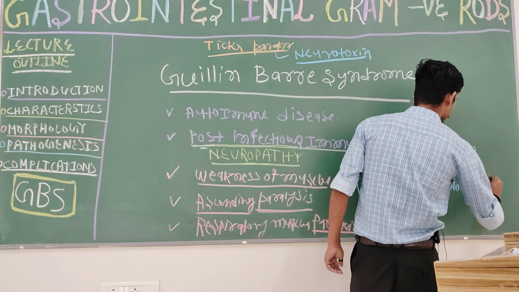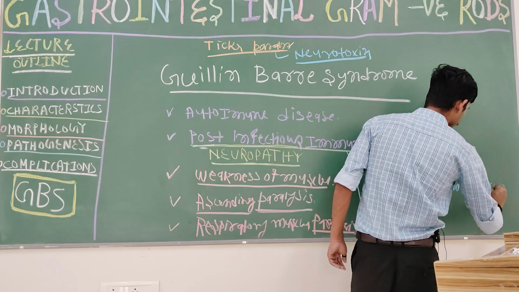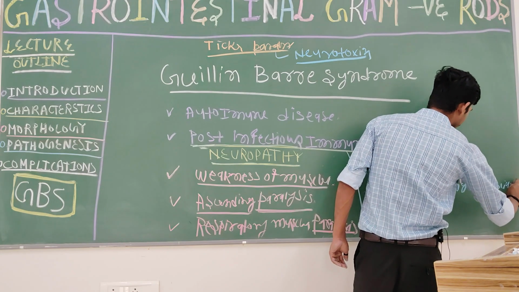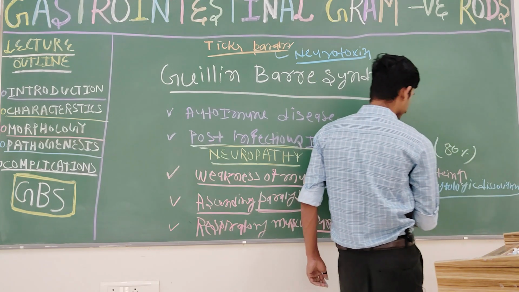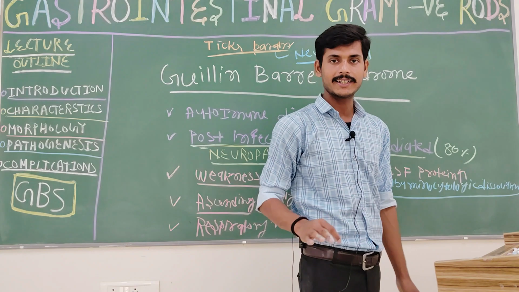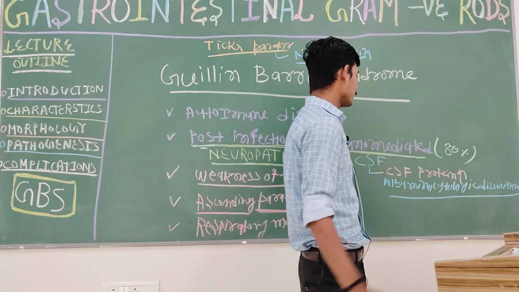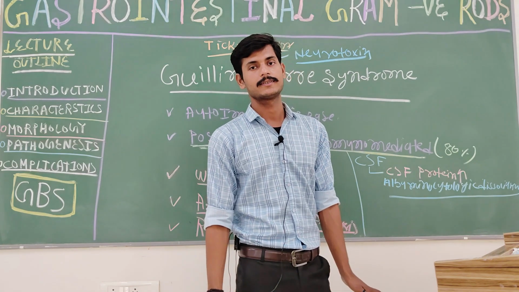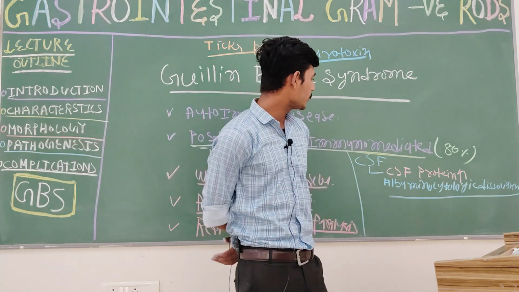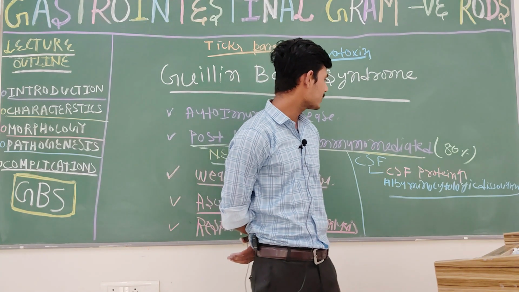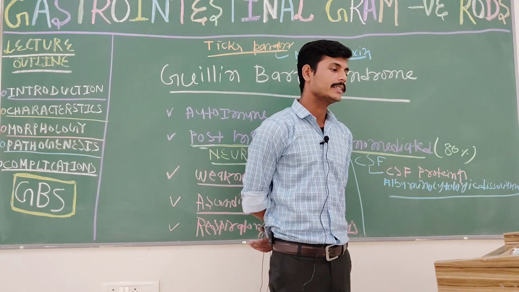Albuminocytologic dissociation means that the leukocyte number, the WBC number, is constant, it's not increasing, but there is an increase in the amount of CSF protein. Clear? That's one way to establish that this is Guillain-Barré syndrome.